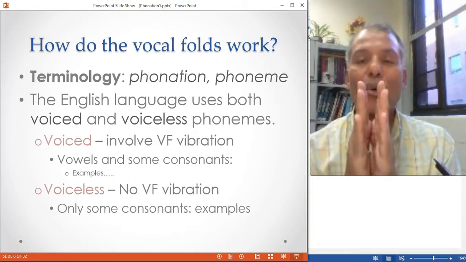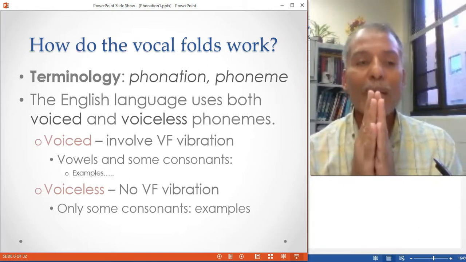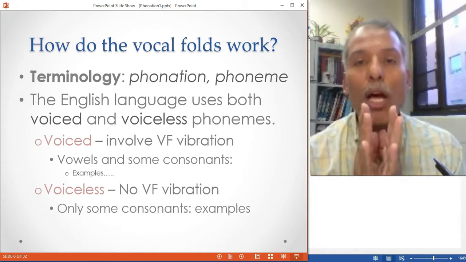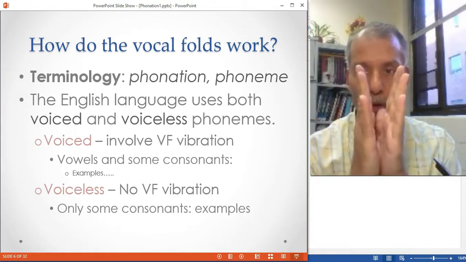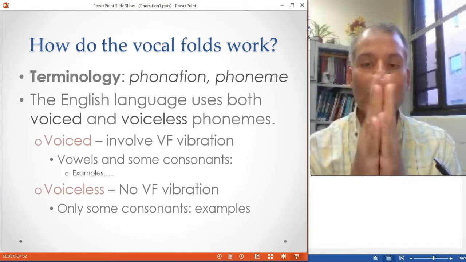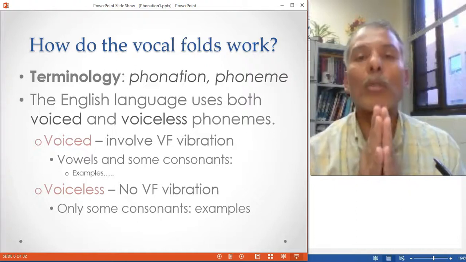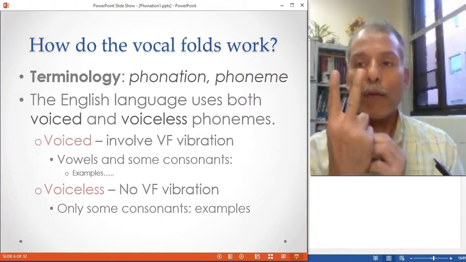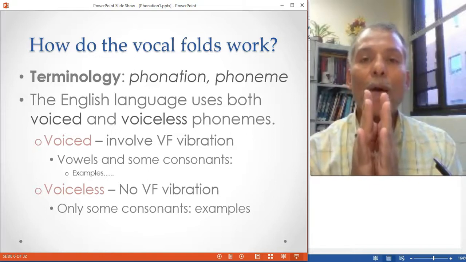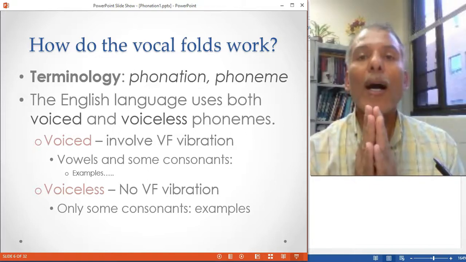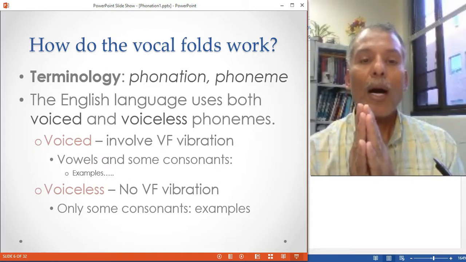So that sound is called a glottal fricative. The glottis is the space between the vocal folds. The sounds that are produced in that space are called glottal sounds, and we have two of them. So the h is a glottal fricative, and the next one is as in say up, up.